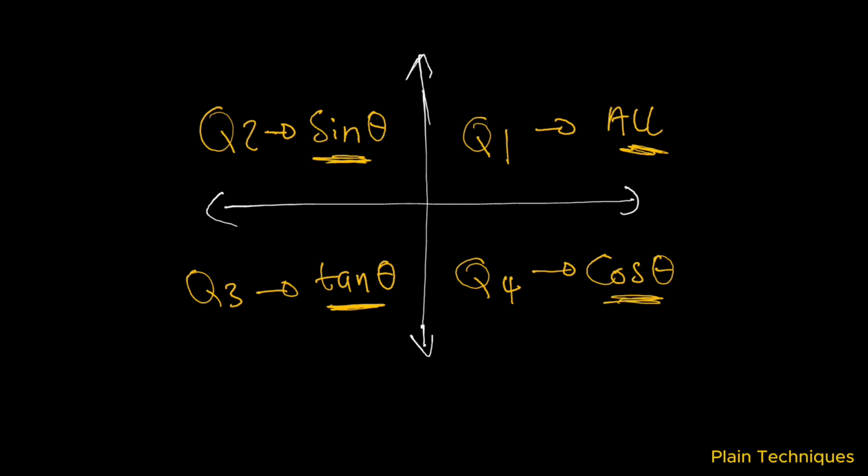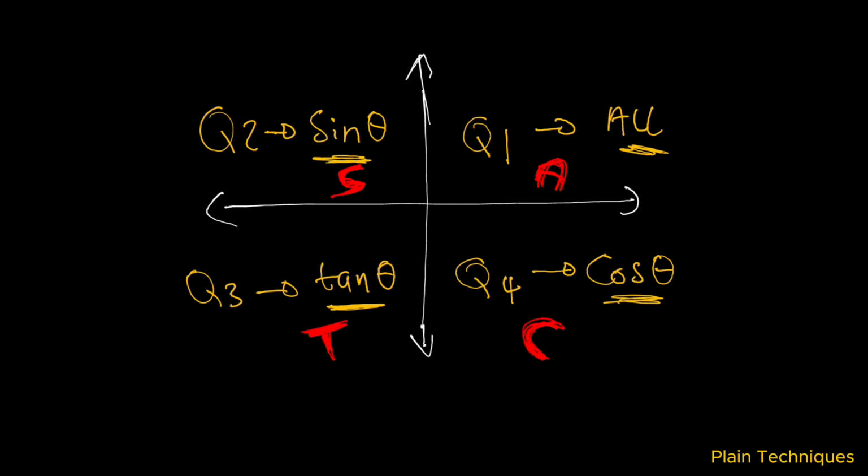This is how you can memorize. I'm going to put a C here, I'm going to put an A. So C for cos, A for all, S for sine, and T for tan.